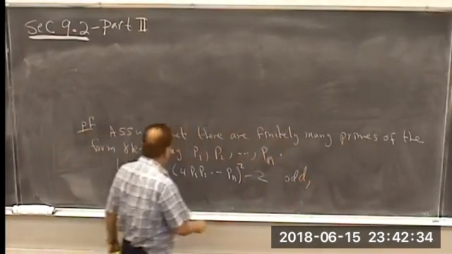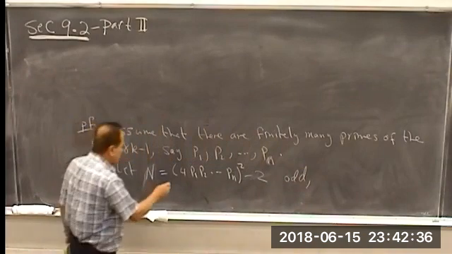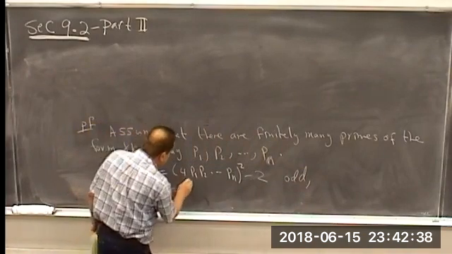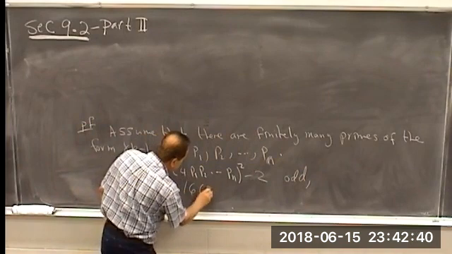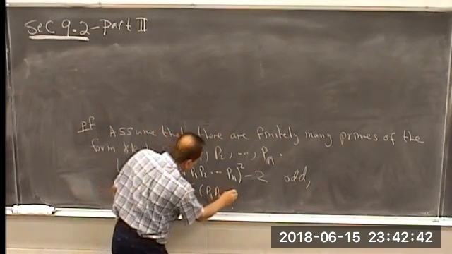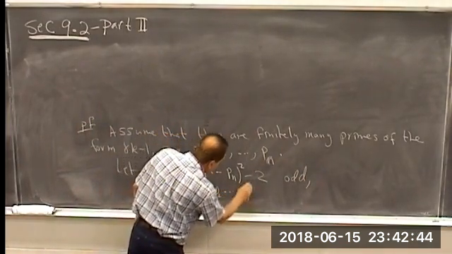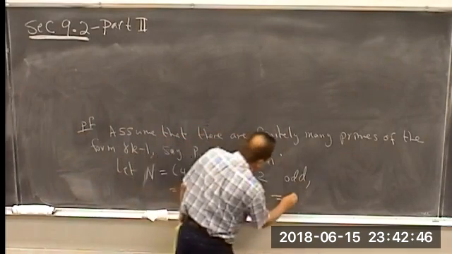And to see this, all we have to do is get this one squared, and you can factor a 2 out.